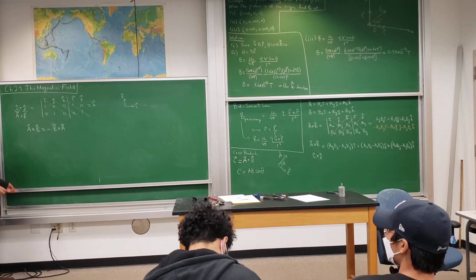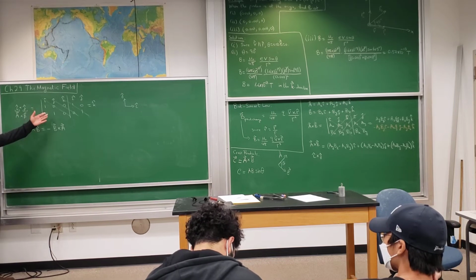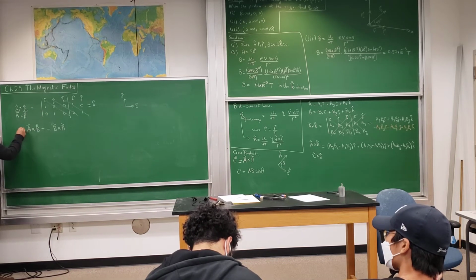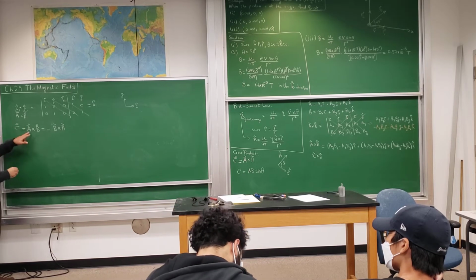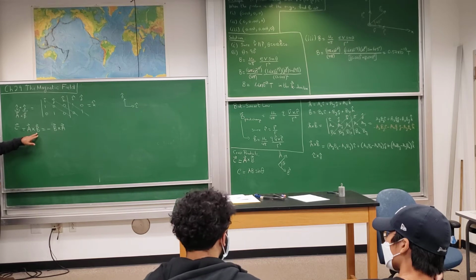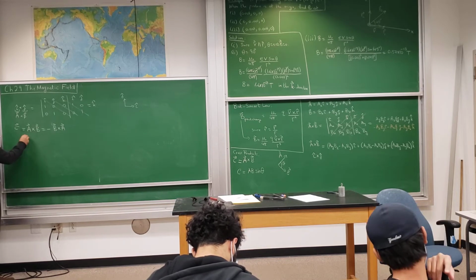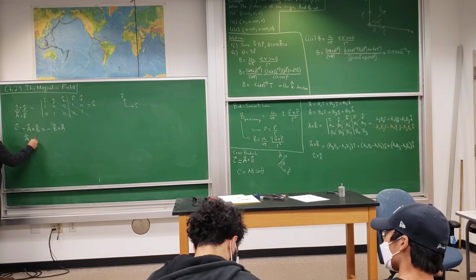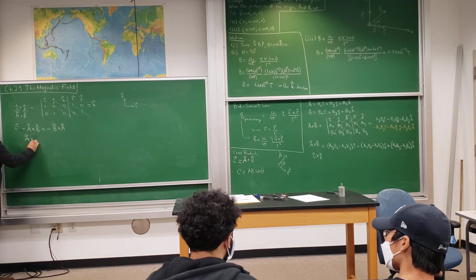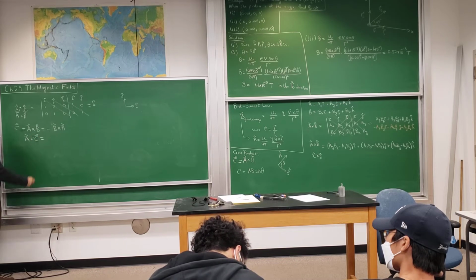So, again, you can use this definition to prove that. Let's say this is vector C. Vector C is the cross product of A and B. If you do the dot product now, remember we studied dot product, A dot C, what do you get?